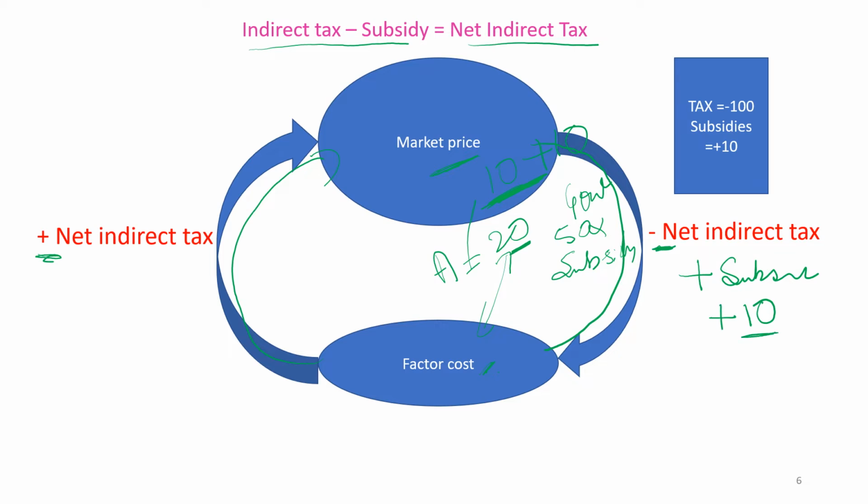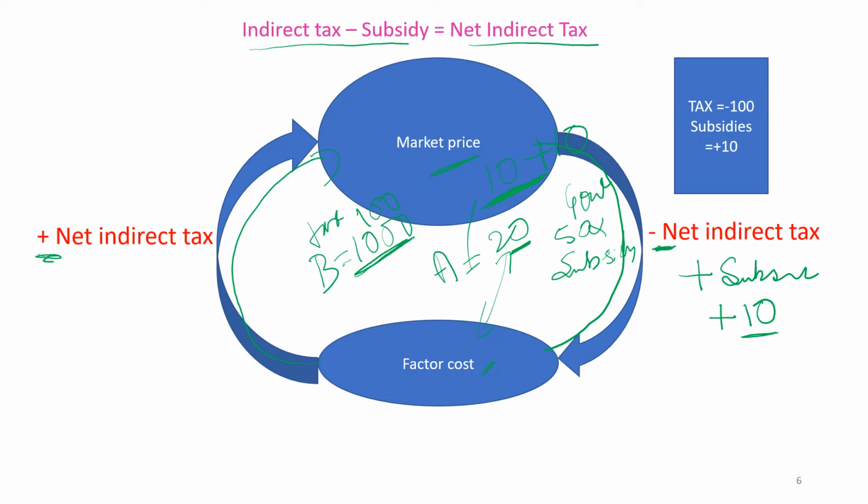In a similar manner, there is a product, B product, whose cost is, let me take it as, 1000 rupees. Now the government is going to impose a tax. How much tax is it going to impose? 100 rupees. The tax is equal to 100 rupees.